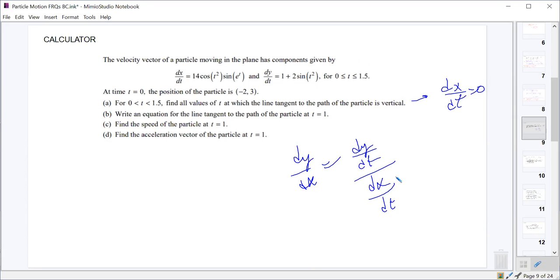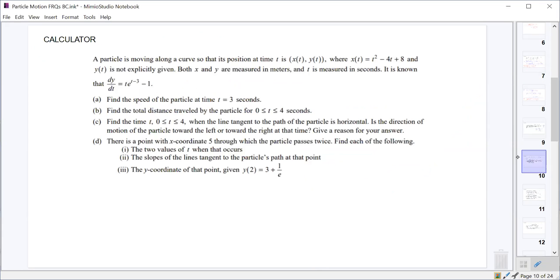So if we want it vertical, dx dt has to be equal to 0. So we just see when that's equal to 0 on that interval. Everybody good there? Okay. If you want to work through that one on your own, you can, but otherwise that one's pretty similar to what we've just been doing.